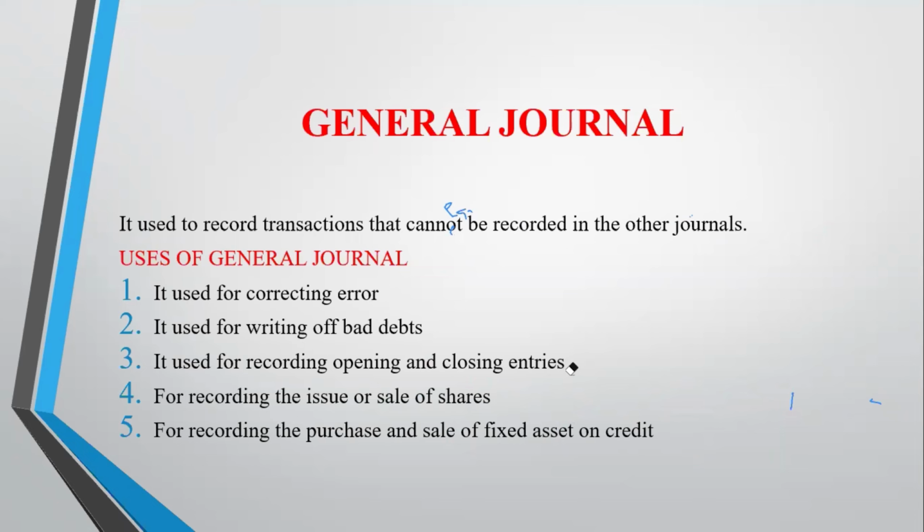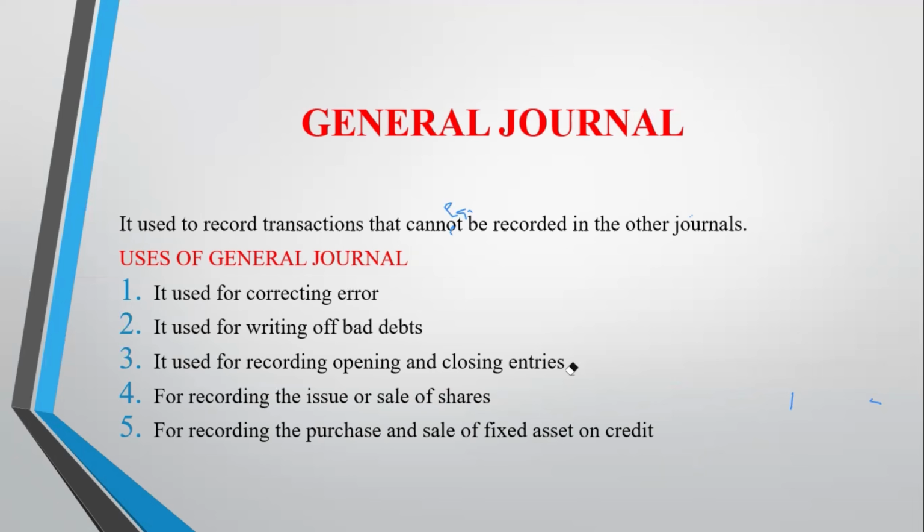So, what are some of the uses of the general journal? It is used for correcting errors. When we are correcting errors, it is the general journal that we use. Also, it is used for writing off bad debts, and for recording opening and closing entries. It is also used when there is a purchase or sale of fixed assets on credit.